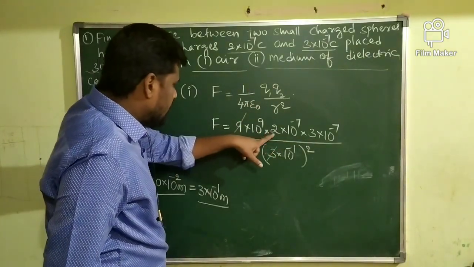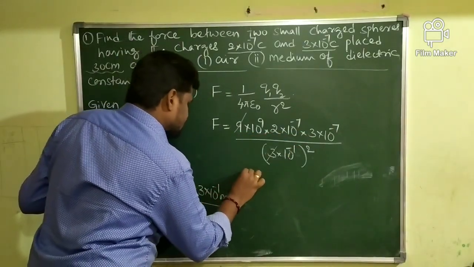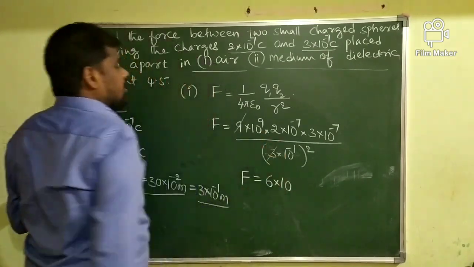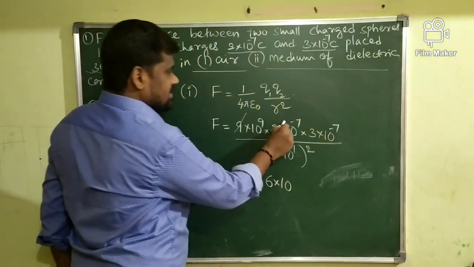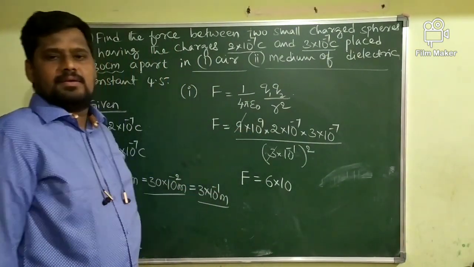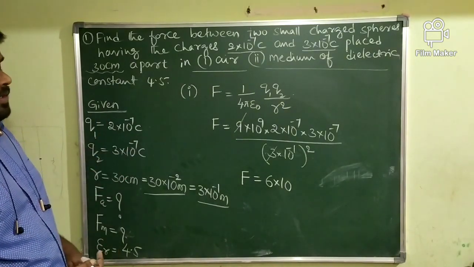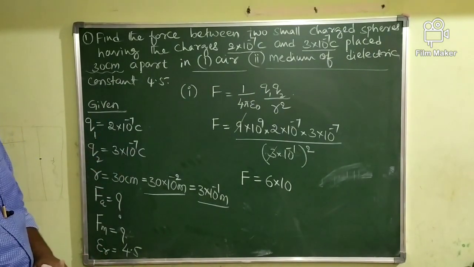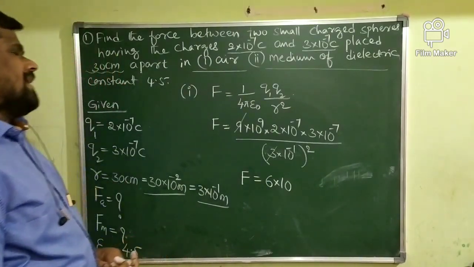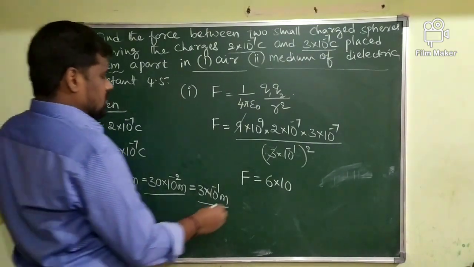Then in the numerator 2 into 3 we left with what? 6. 6 multiplied by 10 power minus 7 minus 14 plus 9, minus 14 plus 9. How much is it? Minus 5.